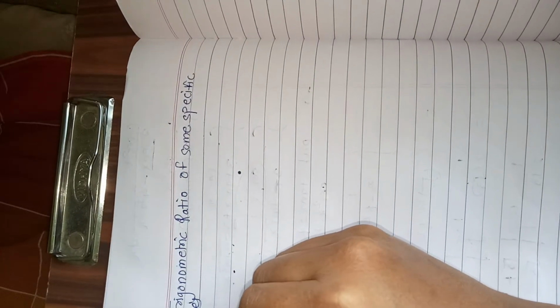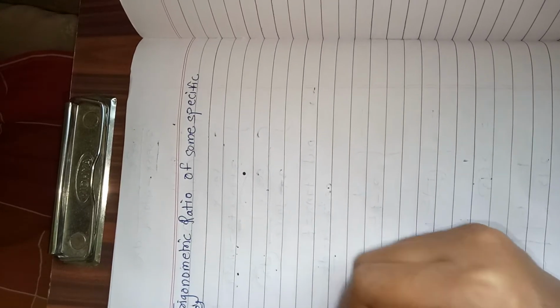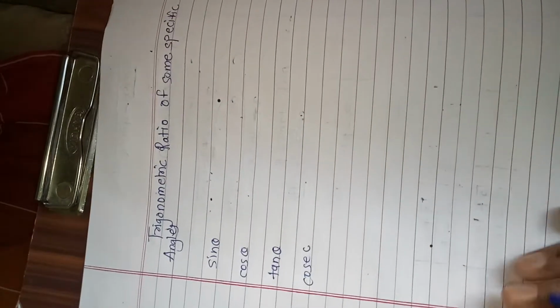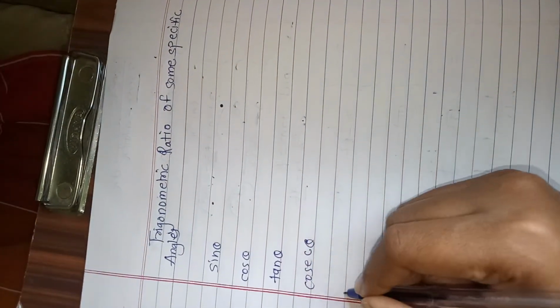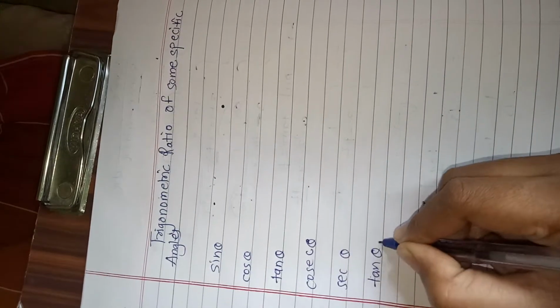So first I draw a table of all the trigonometric values of the given specific angles. First I write sin theta, cos theta, tan theta, cosec theta, sec theta and cot theta.